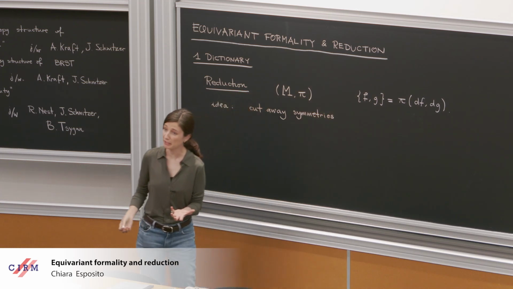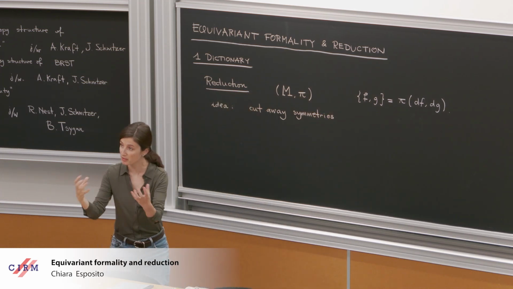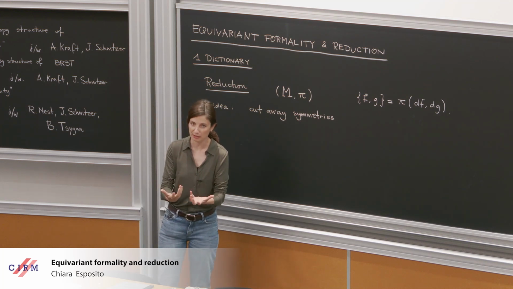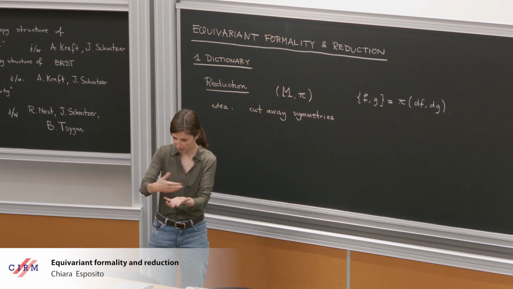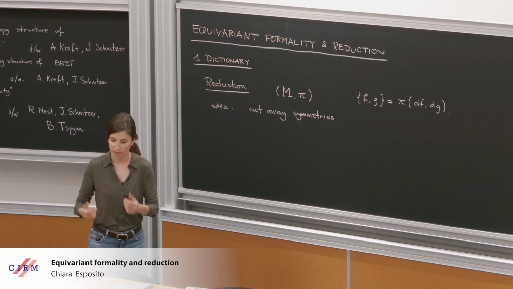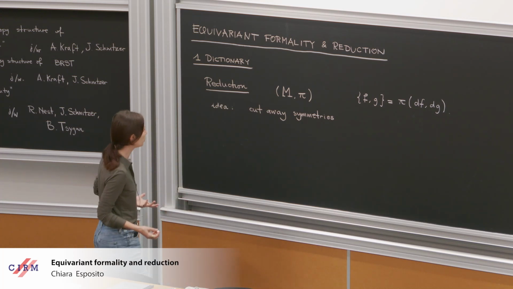This is very convenient because at the end of the process, you will get a smaller phase space, so you can describe dynamics with fewer variables. Very nice. So let's see how we do that.